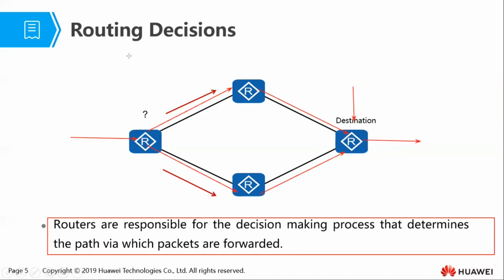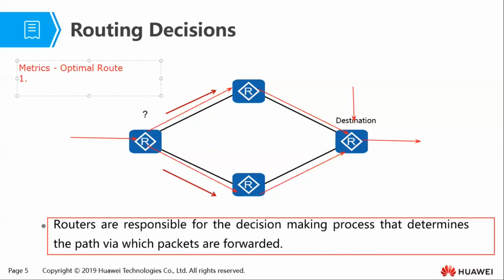So the router is responsible for making that decision, and this particular decision most of the time depends on what we call metrics. And these metrics are used to select what we call an optimal, the best route. The metrics will differ depending on the protocol that we are using.